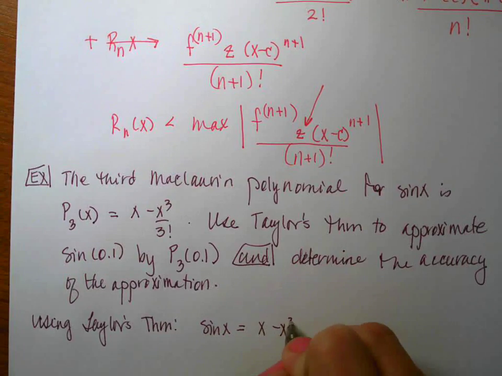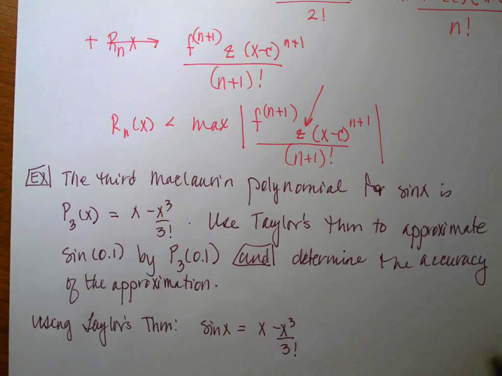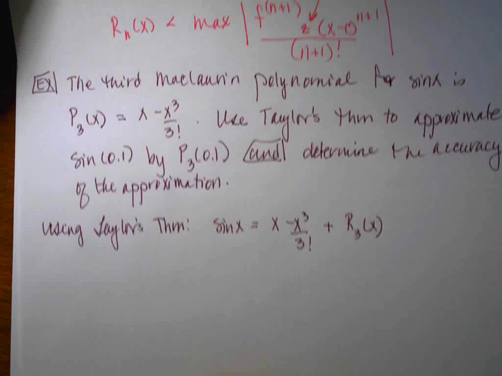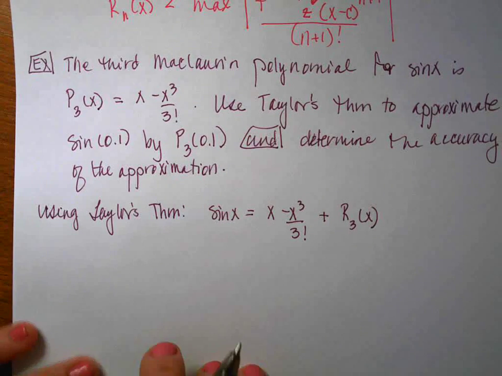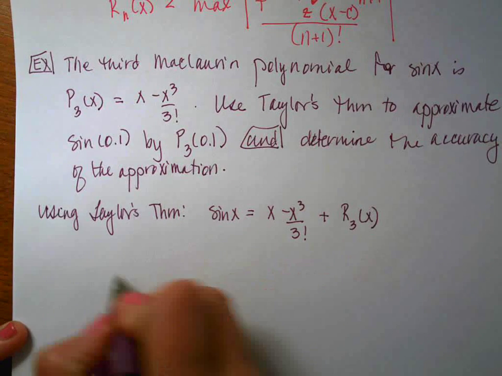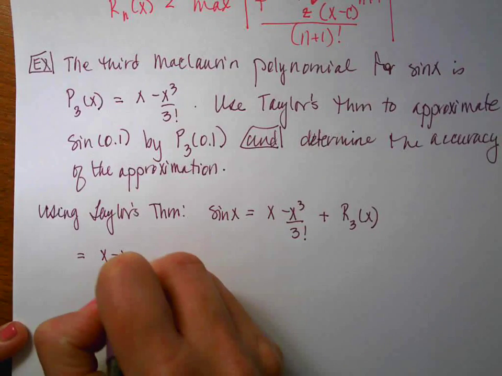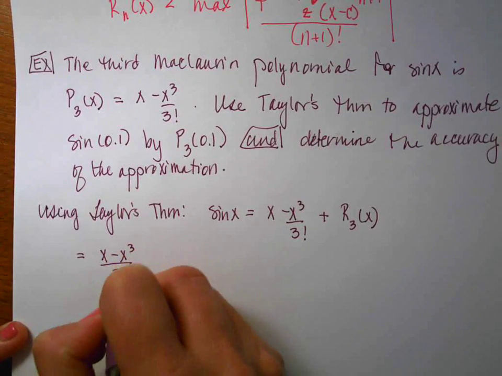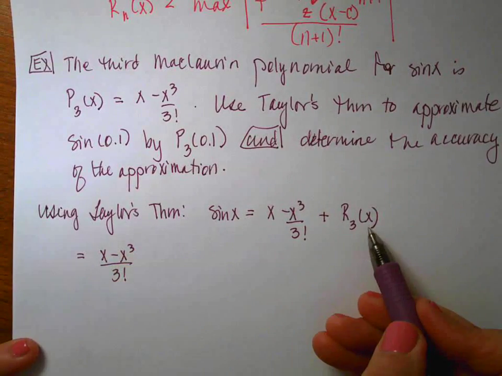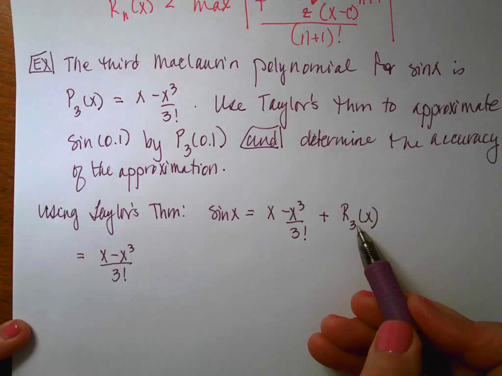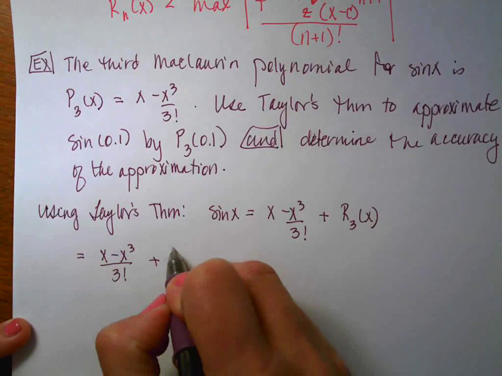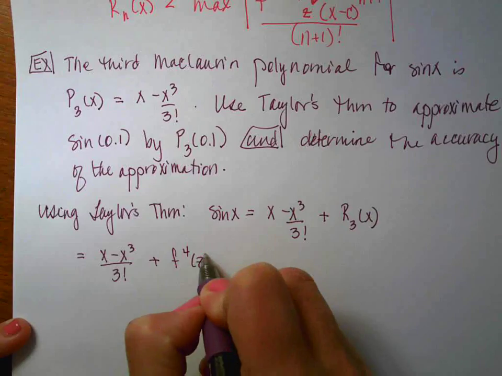we know that the sine of x is approximately equal to x minus x cubed over 3 factorial plus the remainder, or our error, okay? So then this is going to equal x minus x to the third over 3 factorial, and this is where I need to add in the Lagrange error.